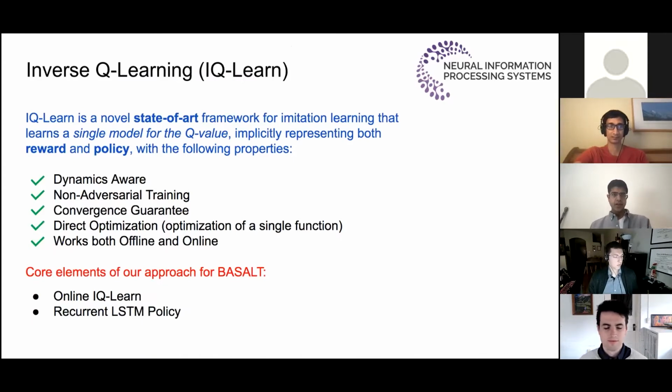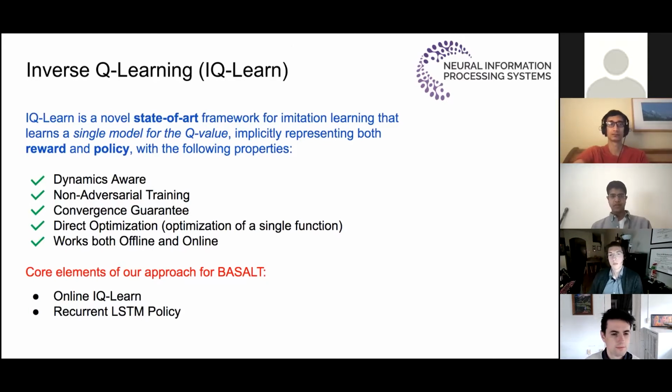All right. So how inverse Q learning or IQ-Learn works is it's a novel framework that essentially learns a single Q value to do imitation learning. And the benefit of this is by having a single Q value, you can represent both the policy as well as the reward. And this gives you a lot of advantages compared to prior methods.